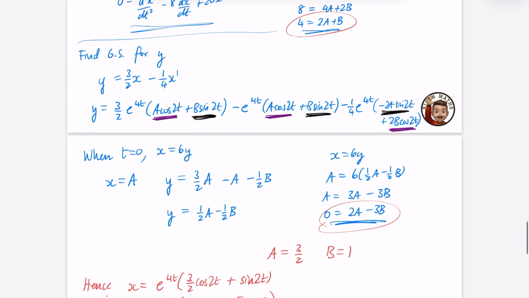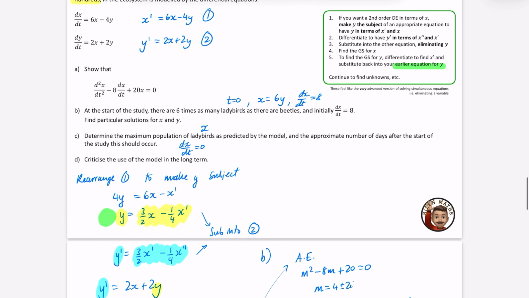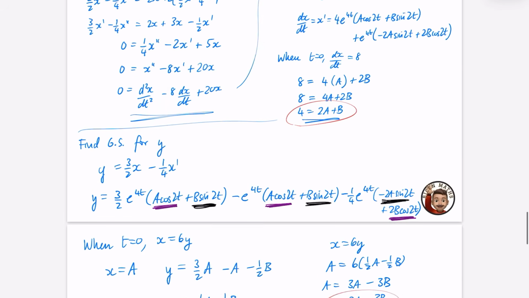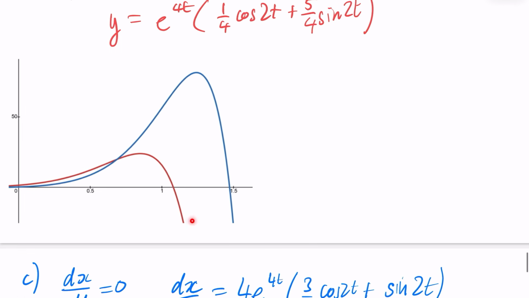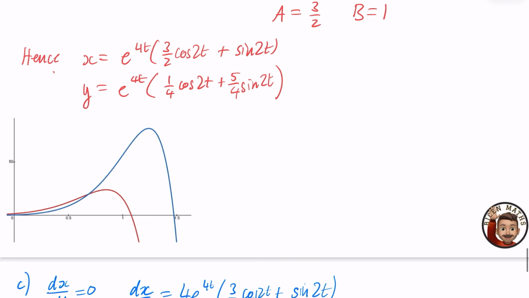So, last part of this question is to criticize the use of the model in the long term. Well, if you do have a graphics calculator, or if you're doing this with Desmos or something, we can see that something quite strange happens with the graphs. They both go to a negative population. So previously we looked at what happens as t becomes large. Well, as t becomes large, this thing here becomes very, very dominant.